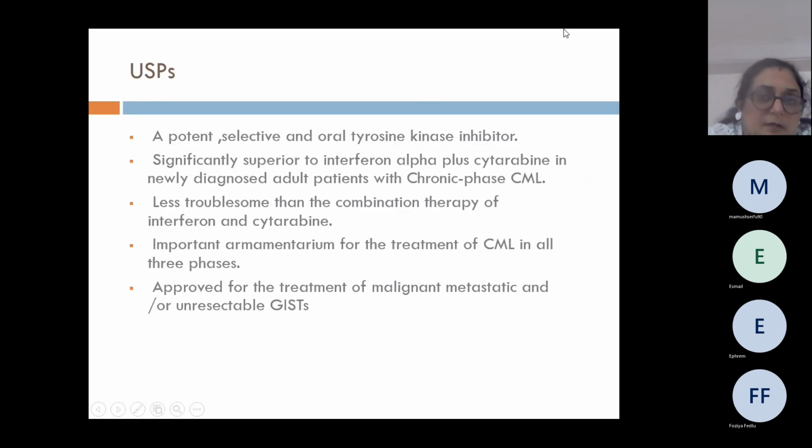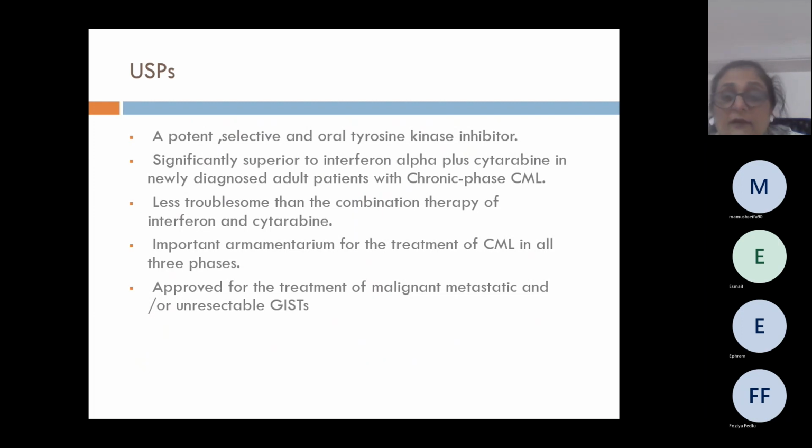So, what are the USPs of imatinib? It's a potent, selective, and oral tyrosine kinase inhibitor. Potent because it's effective, selective because it attacks the tyrosine kinase, plus it's an oral preparation. Significantly superior to interferon alpha plus cytarabine in newly diagnosed adult patients with CML.